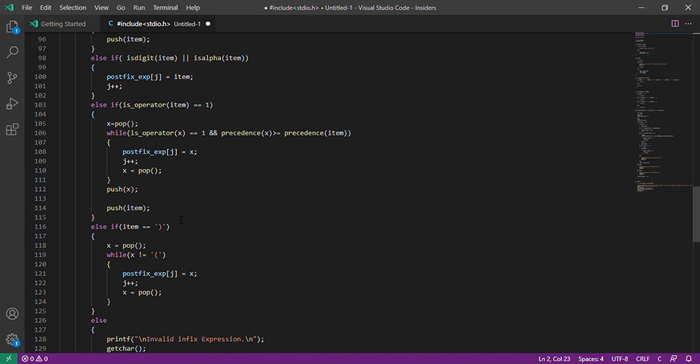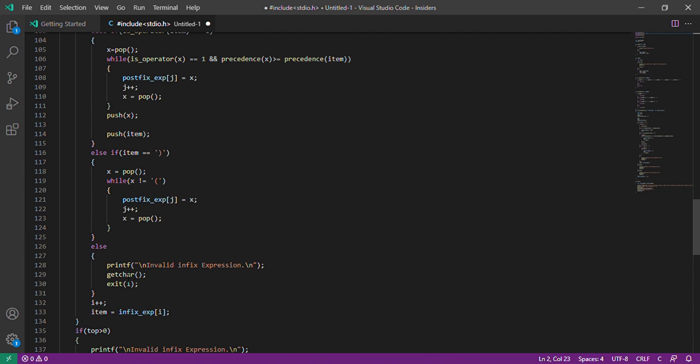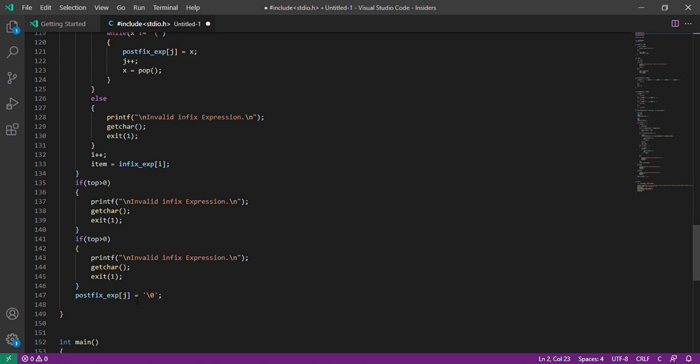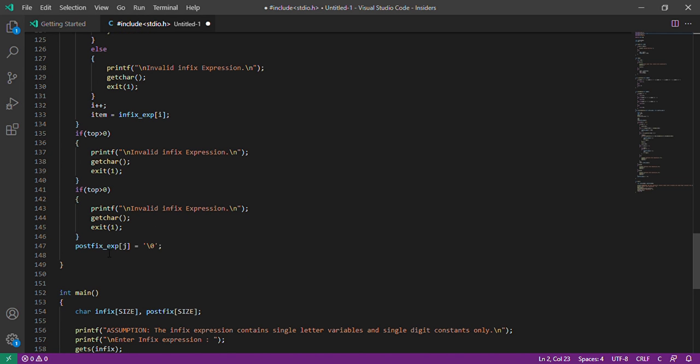Then next, if the current symbol is a right parenthesis, then keep popping until a left parenthesis is encountered. If the current symbol is neither an operand, nor an operator, nor a parenthesis, then it is an illegal symbol. Then go to the next symbol in the infix expression.